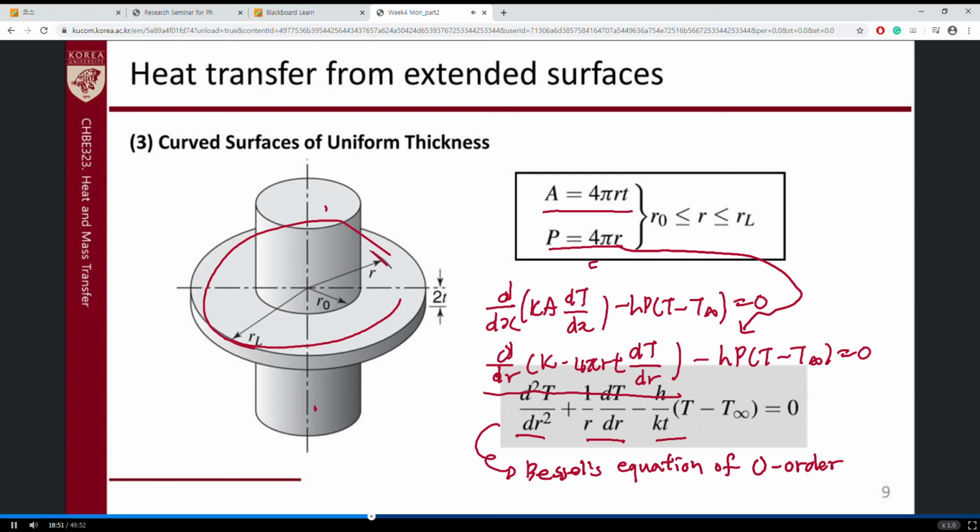And we assume that k and h are constants in here, but the equation can be way more difficult when the k and h values change depending on some conditions, okay? Right, but you don't have to remember the name of this equation. Just try to derive the proper equation from the starting equations, okay?